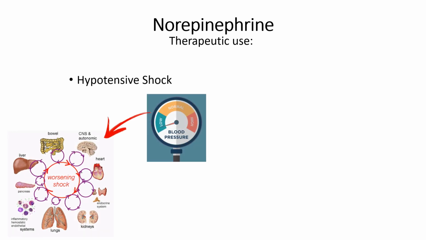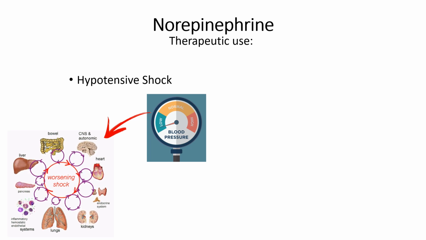One of the few therapeutic indications for norepinephrine is in the management of hypotensive shock. So what is hypotensive shock? It is basically low blood pressure that leads to inadequate perfusion of body tissue. So this begins at the cellular level and if left untreated can result in death of tissue, organs and organ systems.